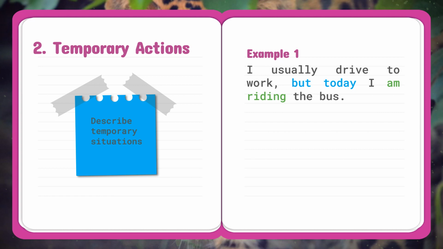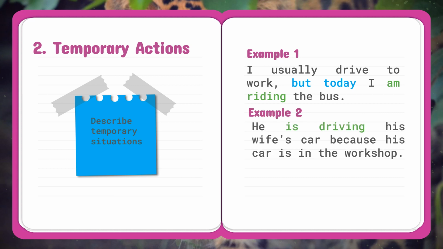Now this is a temporary action. What is the opposite of temporary? Permanent, yes. Driving to work is something permanent, so we use the present simple, and we talked about this in our last lesson. But riding the bus is something temporary.